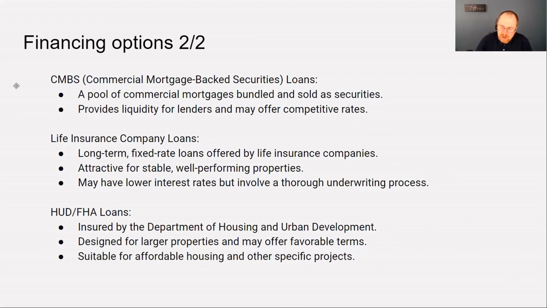The big finance banks like Morgan Stanley will offer this type of product. It's a pool of commercial mortgages bundled into securities, providing liquidity for the lenders, and may offer competitive rates. That's why it's more of an unusual product.